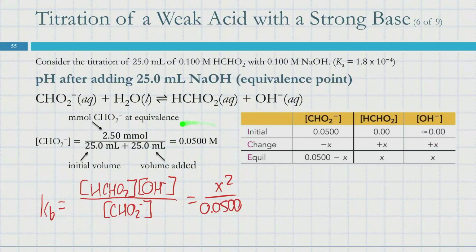So we calculate our concentration of CHO2 minus. So that goes into our ice table. We're going to be producing some of our weak acid and hydroxide. So it's the negative X plus X plus X that we expect to see.